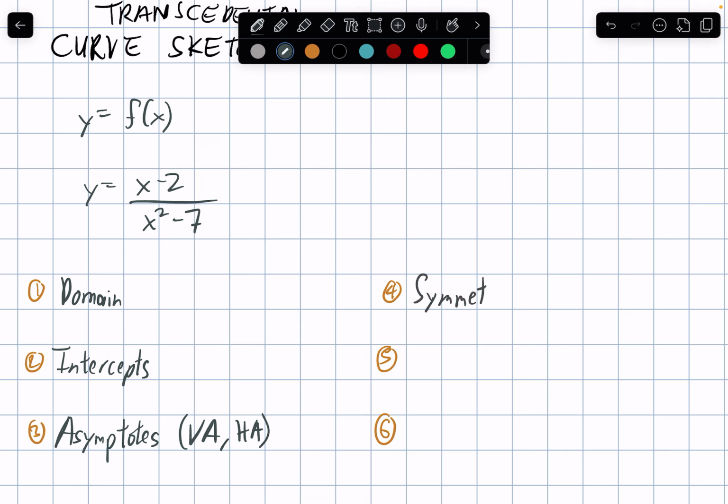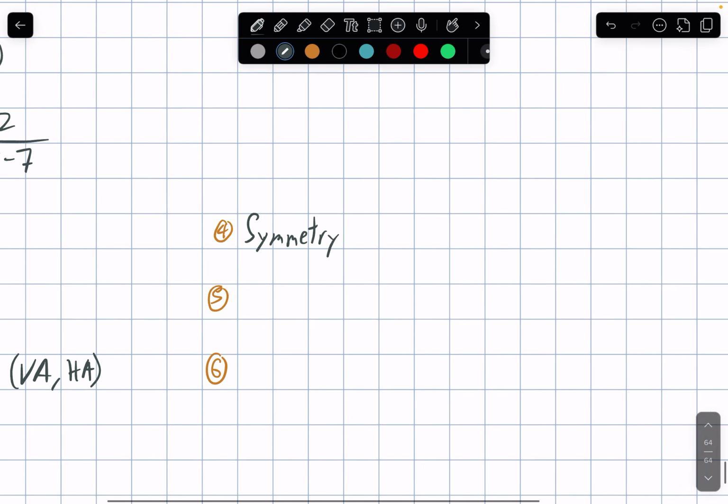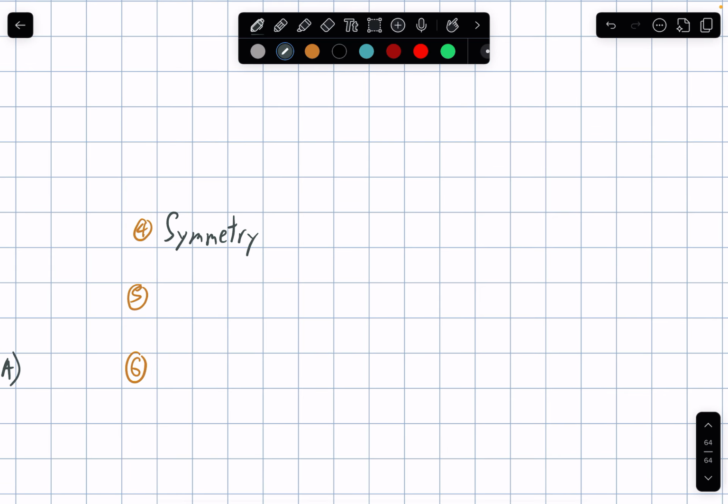Symmetry: determine whether the function is symmetrical with respect to the y-axis and/or the origin. Also critical points you have to identify.